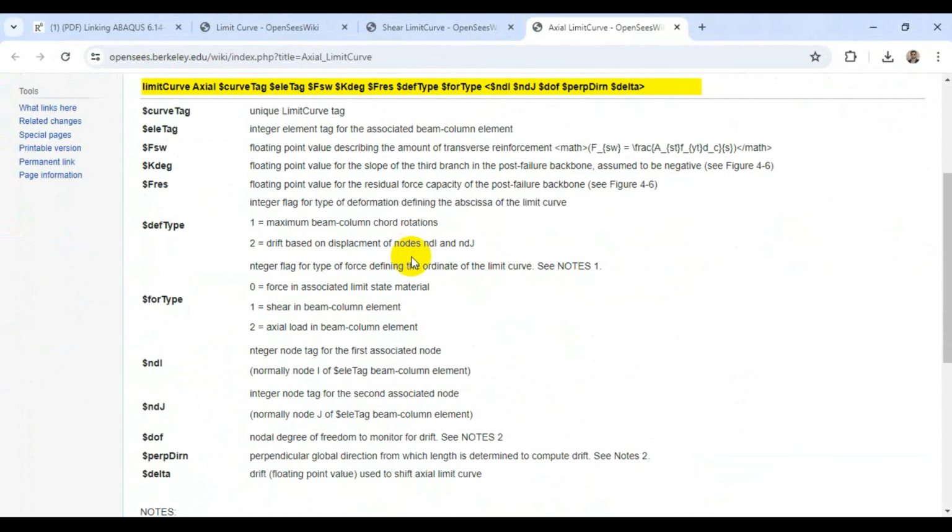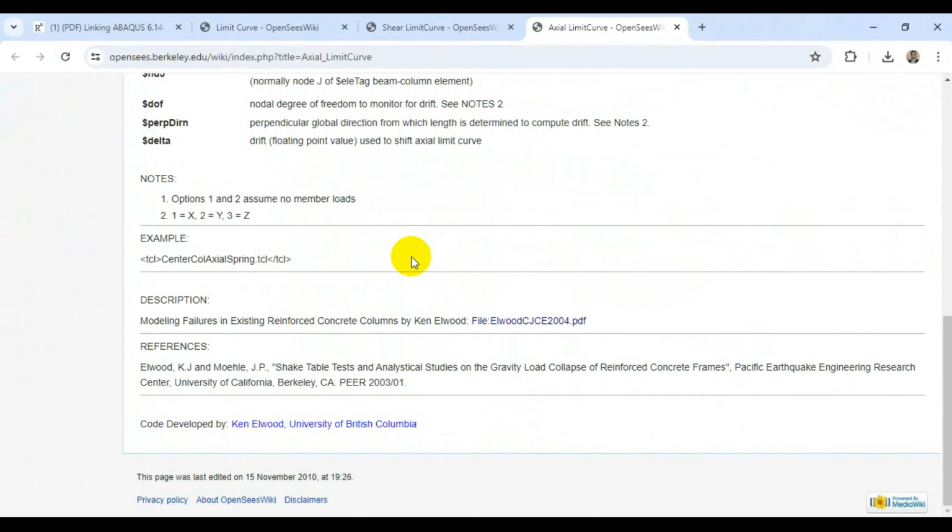Also there is a detailed discussion on the reinforced concrete column by Ken Elwood, because he is the developer of this code. Also, various material models are combined, and those material models are being validated in the experimental work and numerical work we perform.